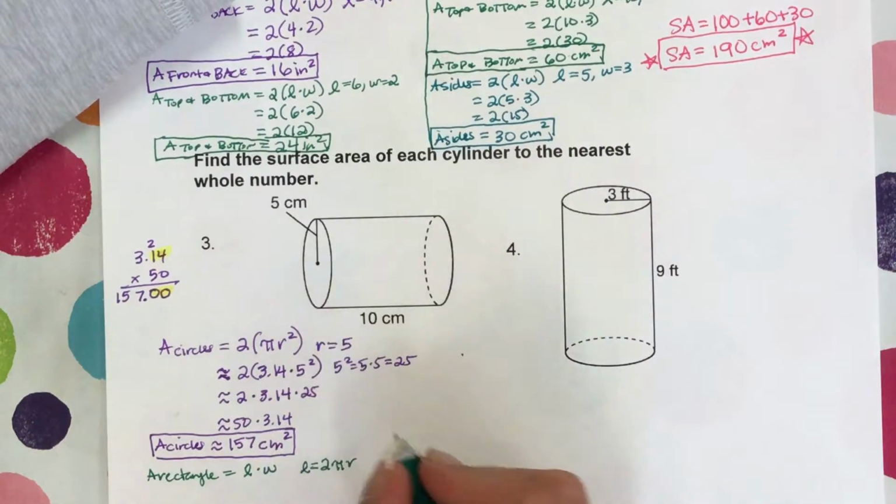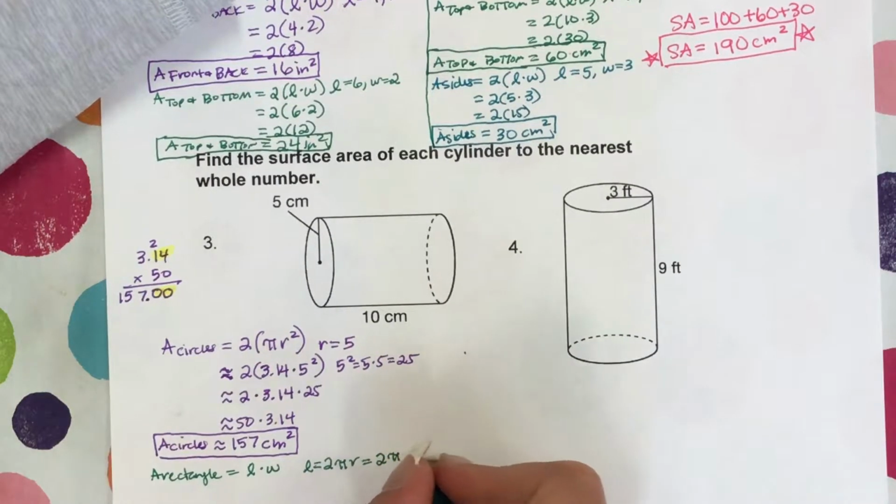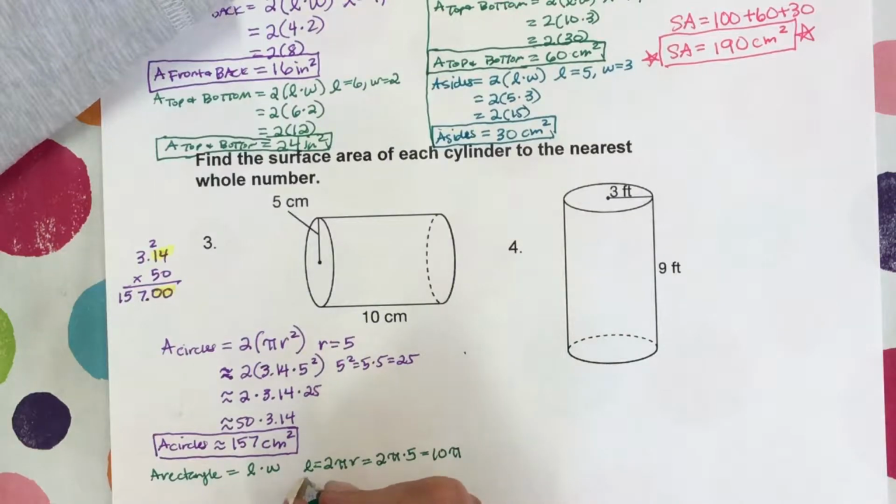And our radius is equal to 5. So that means it's going to be equal to 2 pi times 5, right? Because we substitute that 5 in for the r. And then I can multiply that. 2 times 5 is actually equal to 10 pi. So the length is equal to 10 pi, and then the width is just equal to 10, right? The width of it.